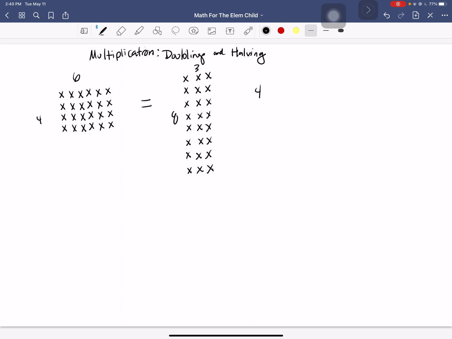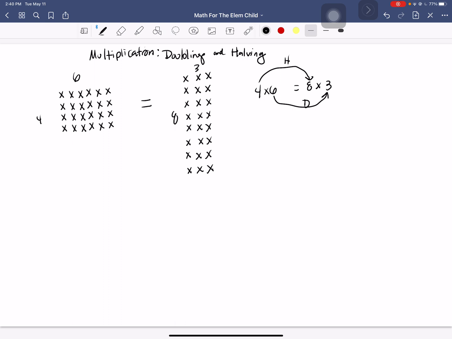So 4 times 6 is equivalent to 8 times 3. Why? Because 4 is half of 8, and 6 is double of 3.